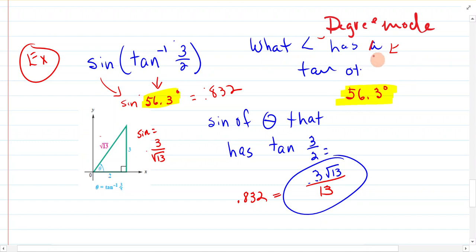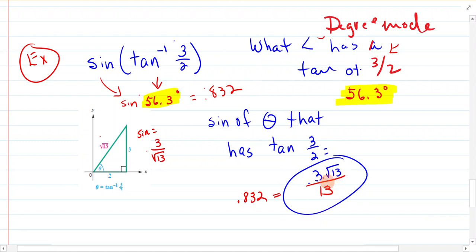Let's get that written: a tan of 3/2. And then we take the sine of that. So to get this part, you're saying what angle has a tan of 3/2, and then the sine of that angle.